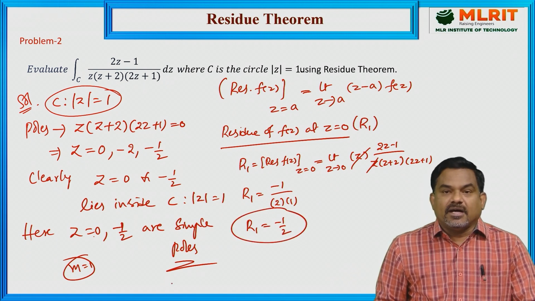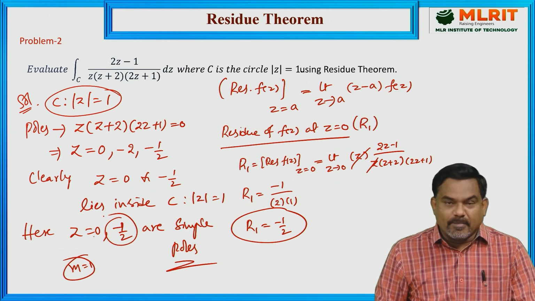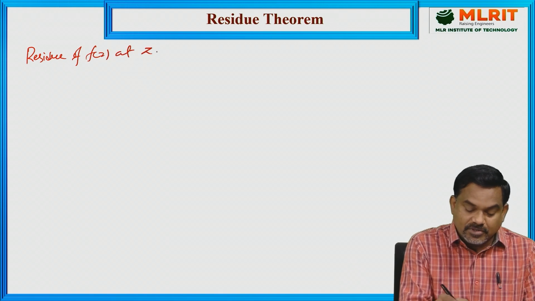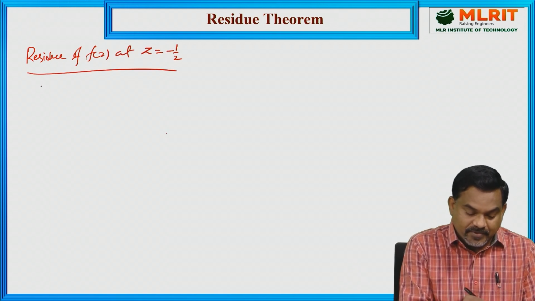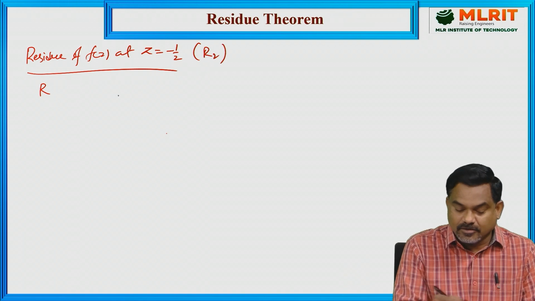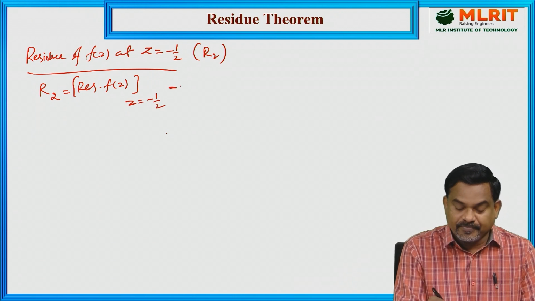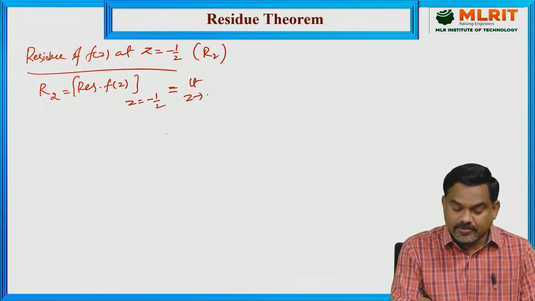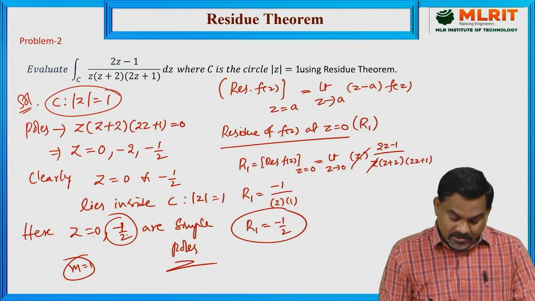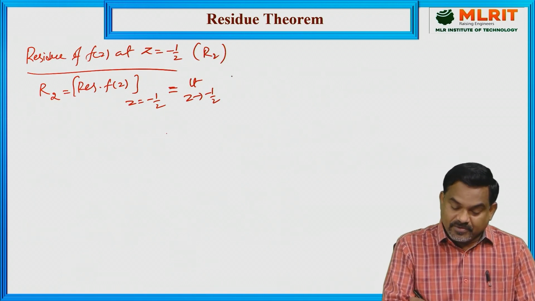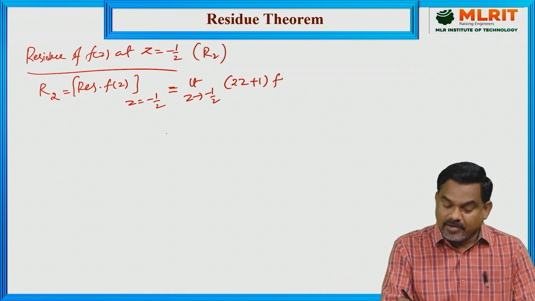Similarly, we need to find the residue at the pole z equal to minus 1 by 2. Let us call it R2. R2 is the residue of f at z equal to minus 1 by 2, which is limit z tends to minus 1 by 2, and this minus 1 by 2 came from the factor 2z plus 1. So 2z plus 1 into f of z.